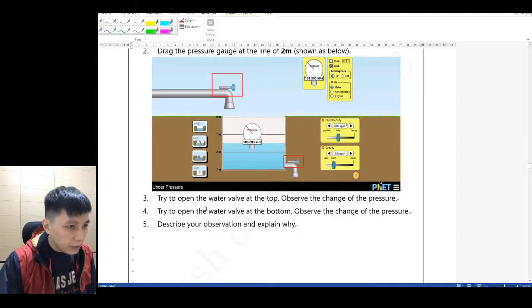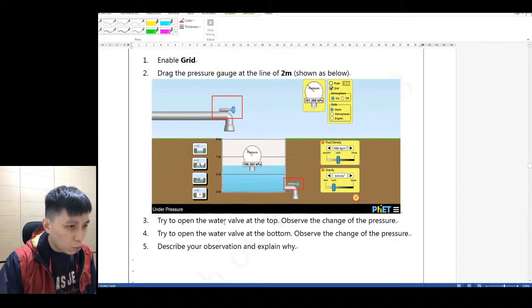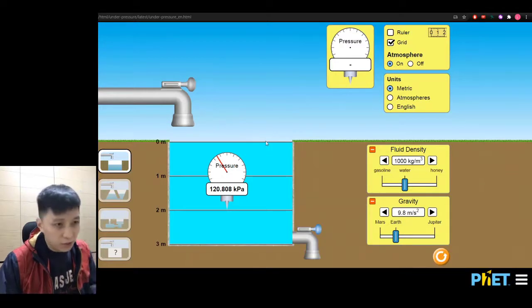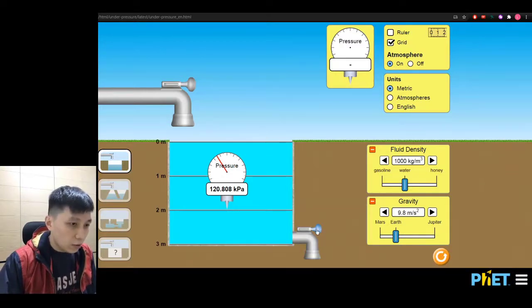The next step that I want you to do is to open the water valve at the top and look at the pressure change, and also open the water valve at the bottom and observe the change. So what you should find is when you open this tap, you can see obviously the pressure go higher, until you can't add any more because of the simulation itself. When you open the valve at the bottom, because the water is leaving, you can see the pressure go down.